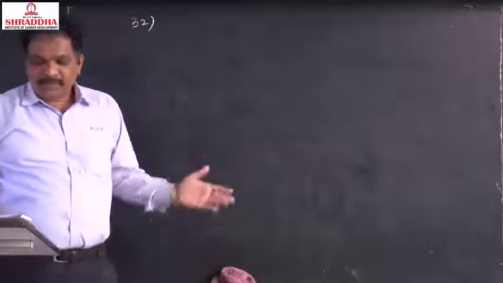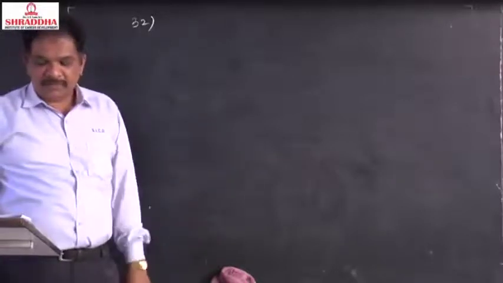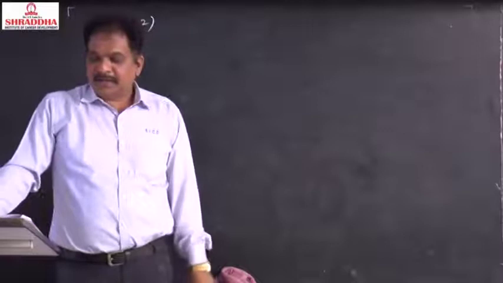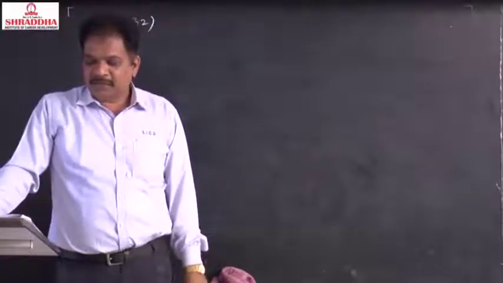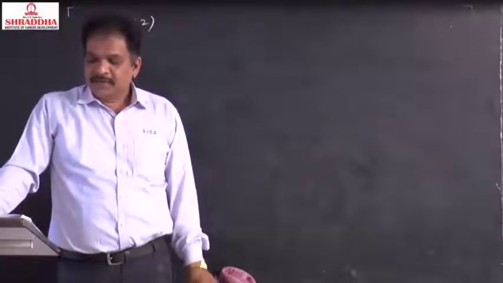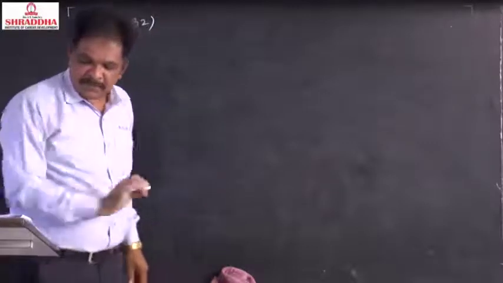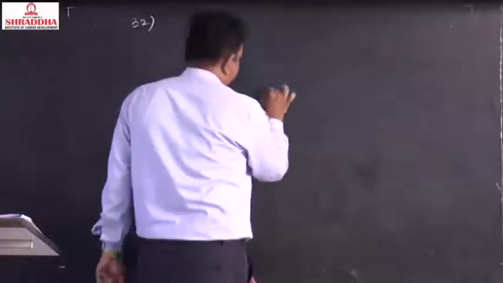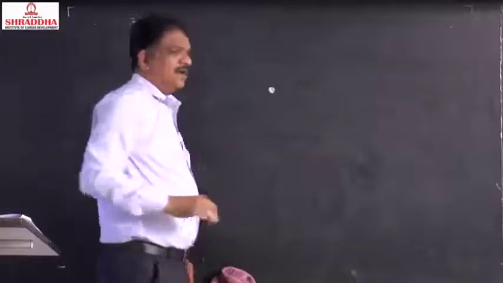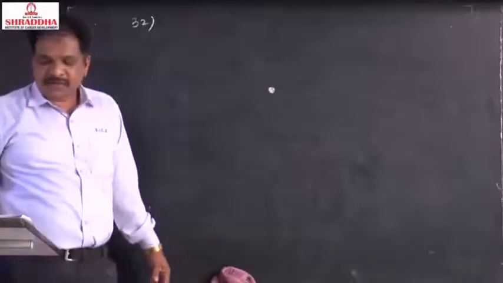32, if the system is in equilibrium, then the value of P is how much? Here a particle is there. On that, three forces are applied.